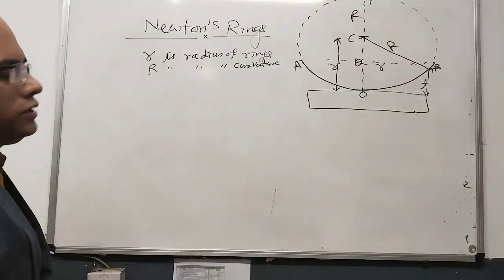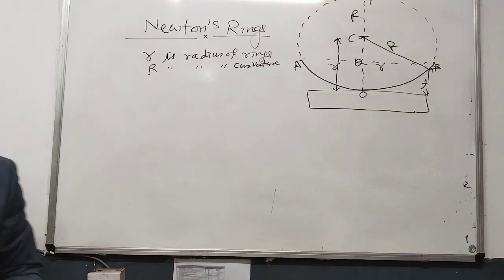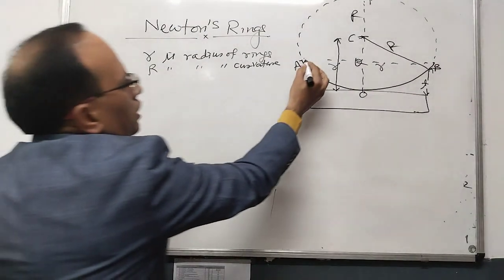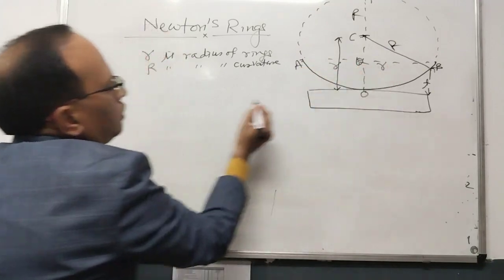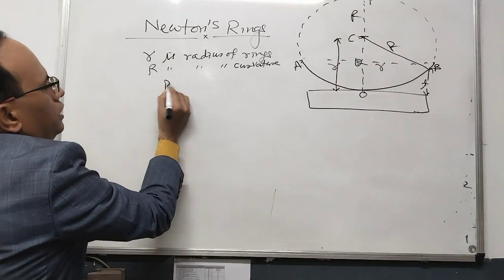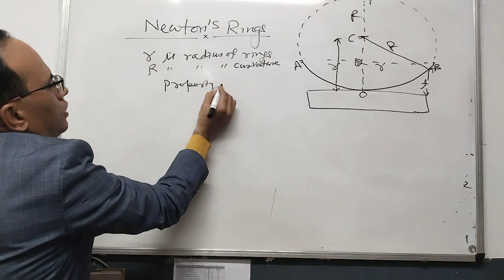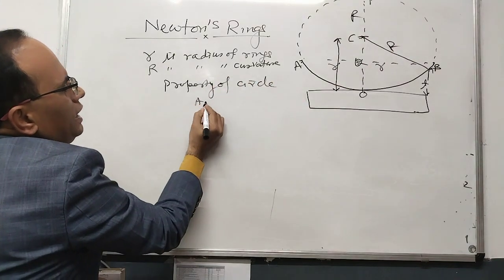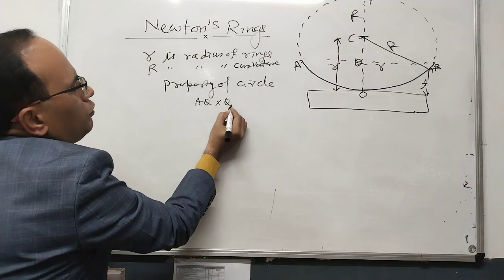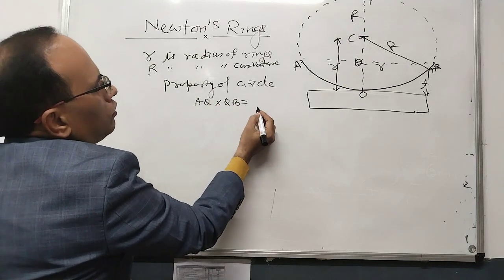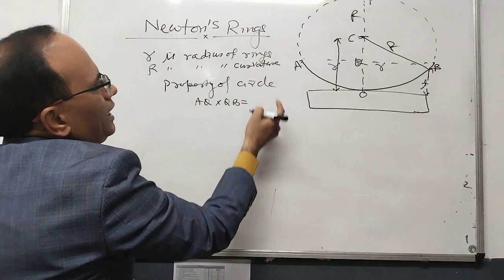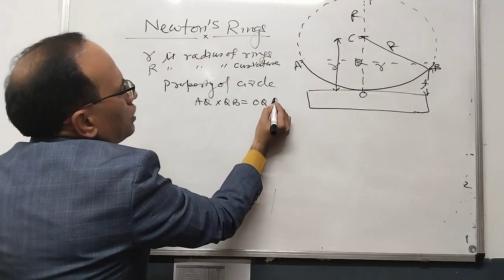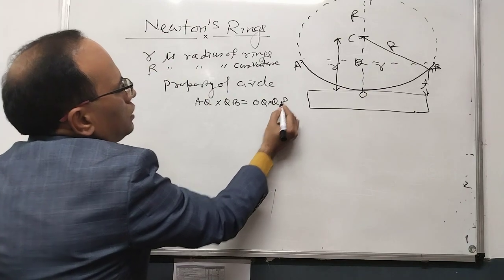The property of a circle is that AQ into QB equals AO into OQ.